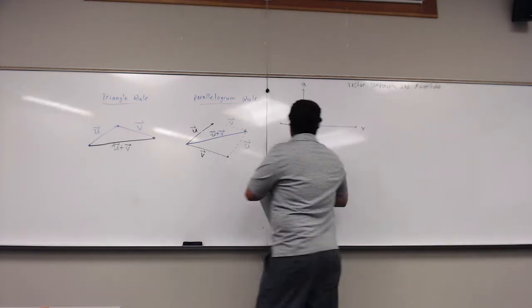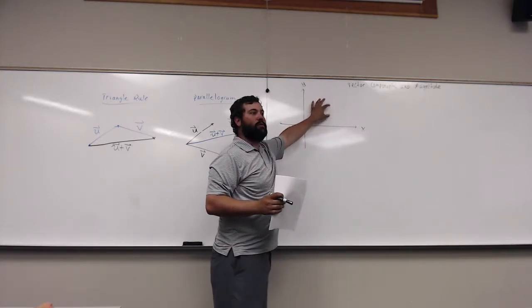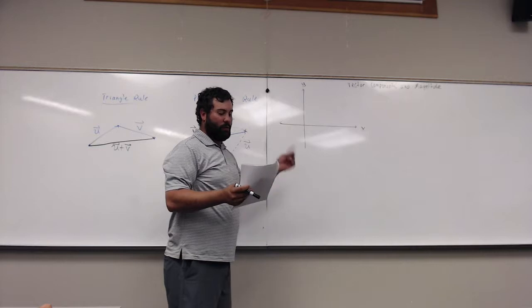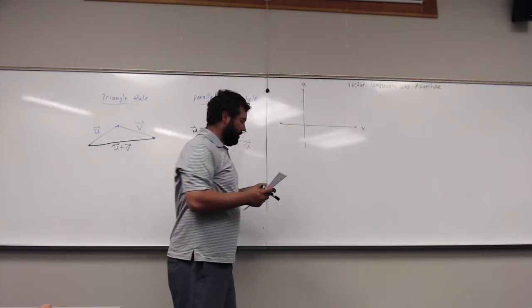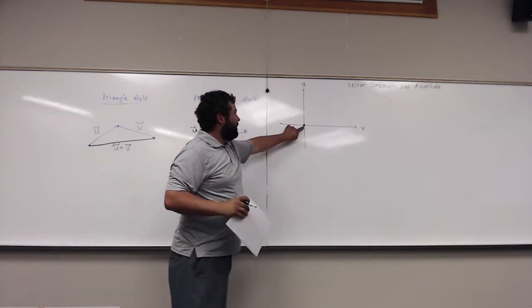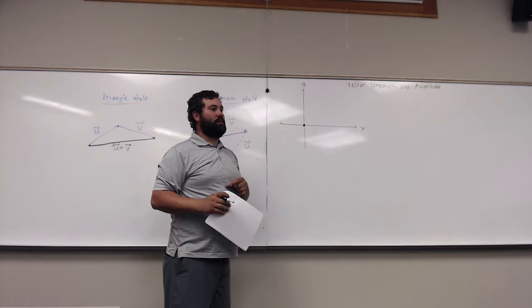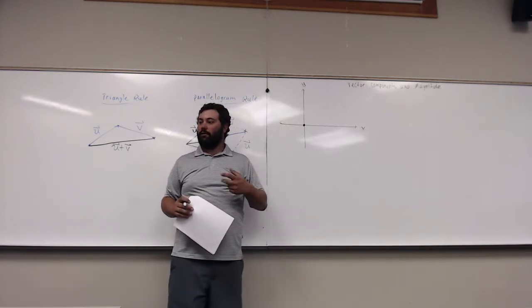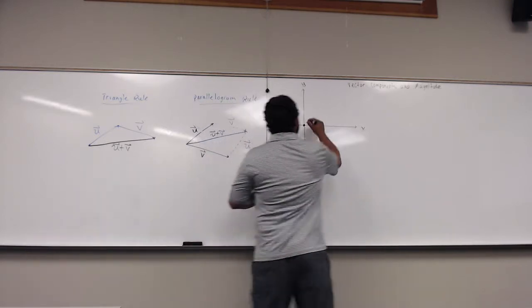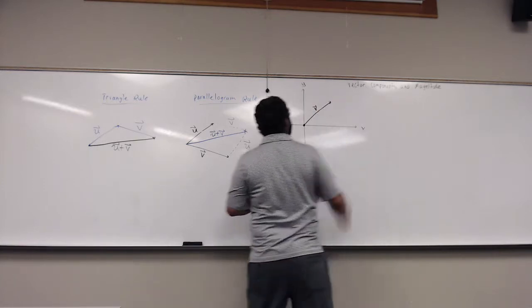I'm just going to draw a vector whose head is in the first quadrant for simplicity, but as you know, vectors can point in any direction and have any length. A vector in standard position always has its tail at the origin, or as I used yesterday, its initial side. So you can call it either the initial side or the tail of the vector. And so there's my vector v.